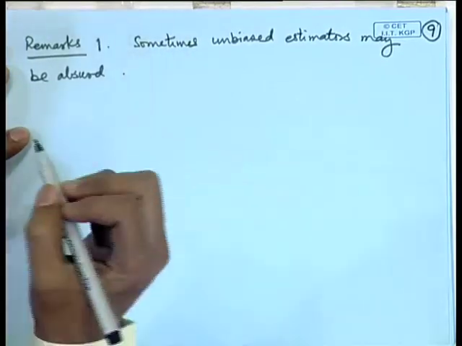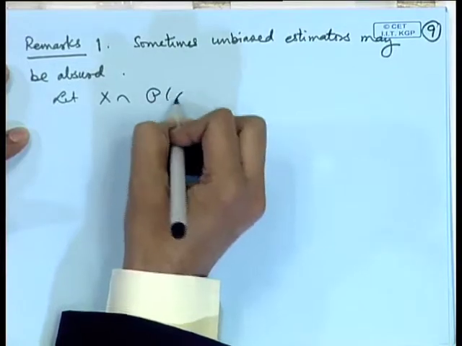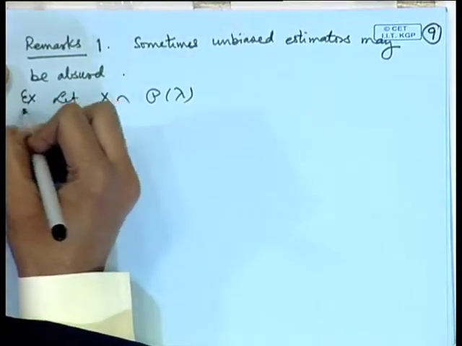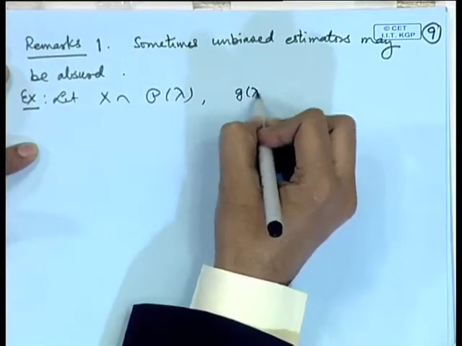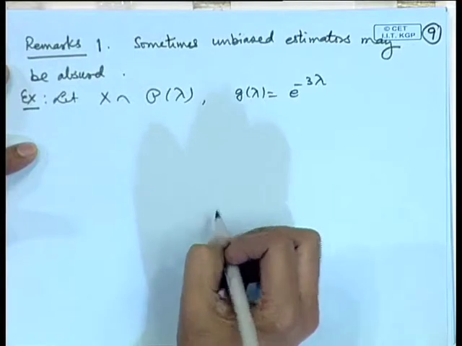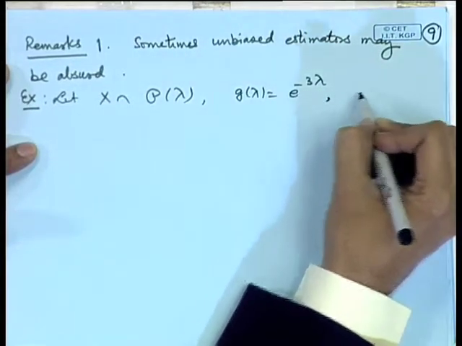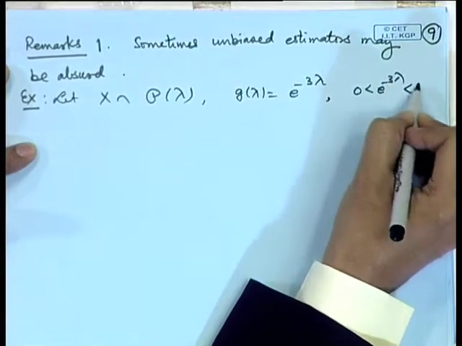Let me give an example. So, let x follow Poisson lambda. I am interested in the parametric function, say e to the power minus 3 lambda. Since lambda is positive, you can see that 0 is less than e to the power minus 3 lambda is less than 1.